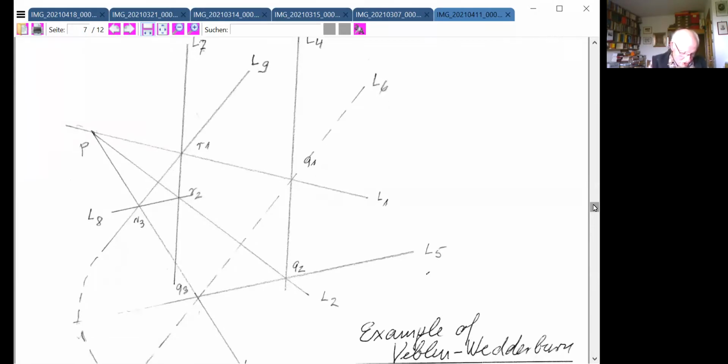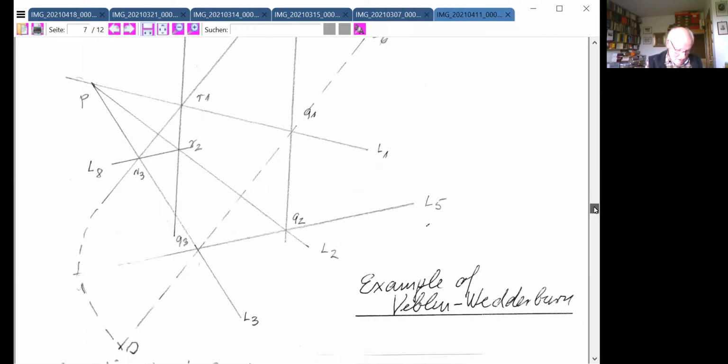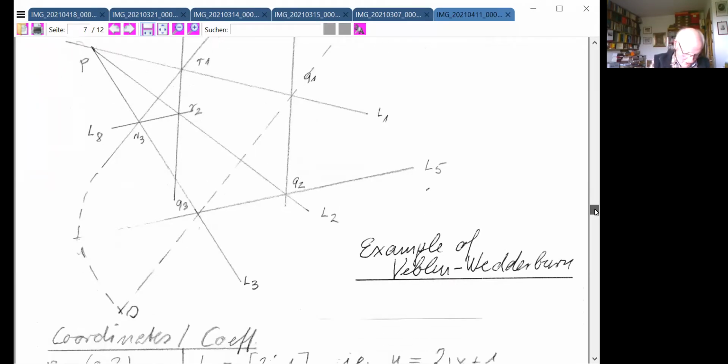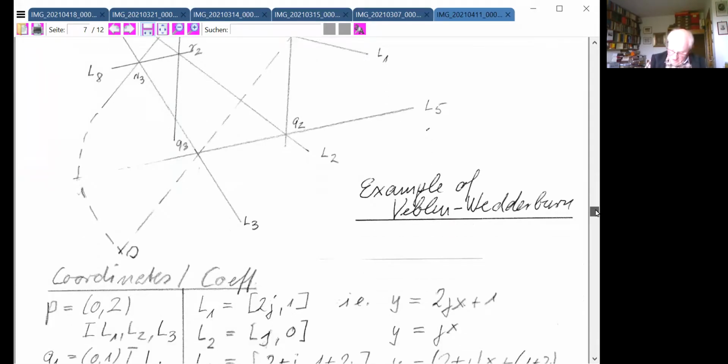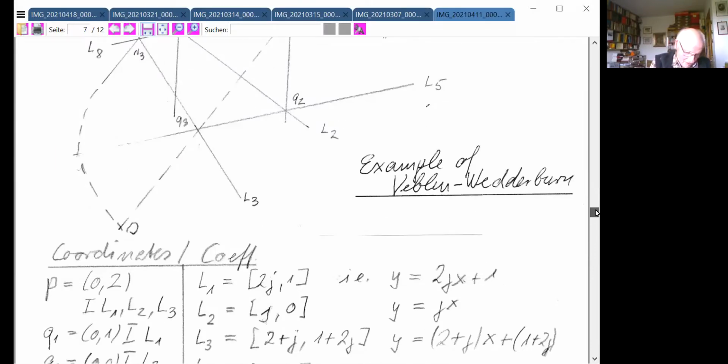We want to show that the affine plane over this Hughes near field of 9 elements yields an affine plane that is not Desarguesian. Okay, we start with a point and 3 lines for this point.